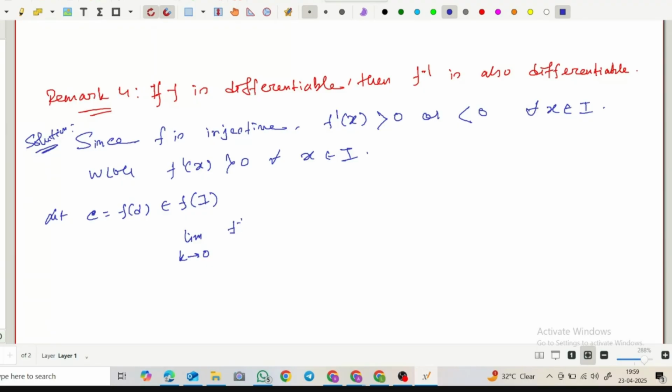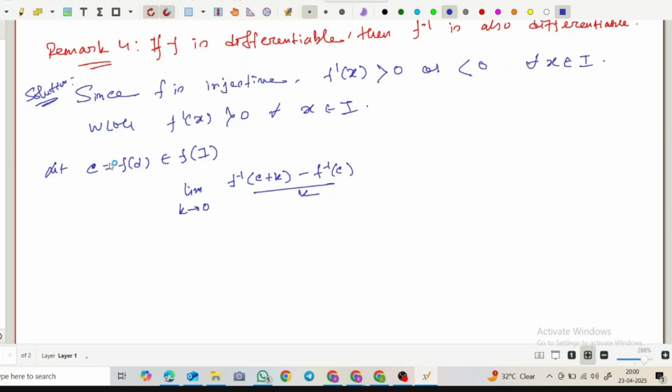What am I trying to do? I'm trying to check the differentiability of f inverse at c, right? So the limit of f inverse of (c plus k) minus f inverse of c, by k. Does it exist? Let's see whether it exists or not.